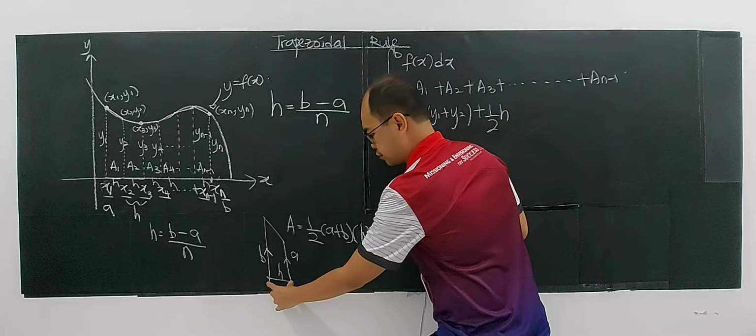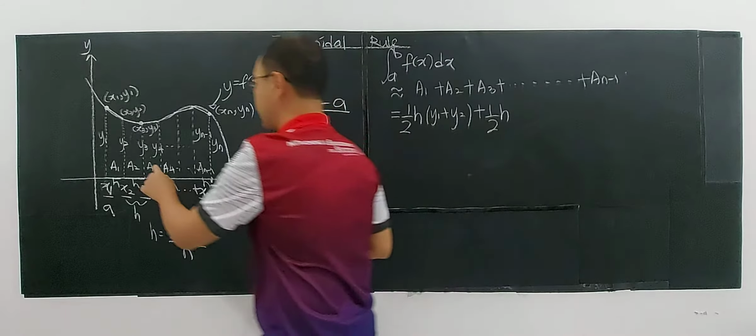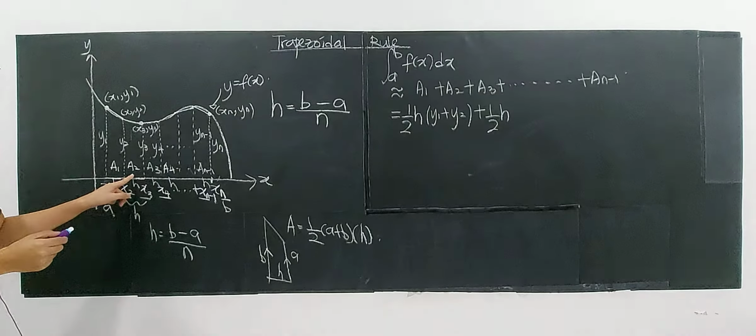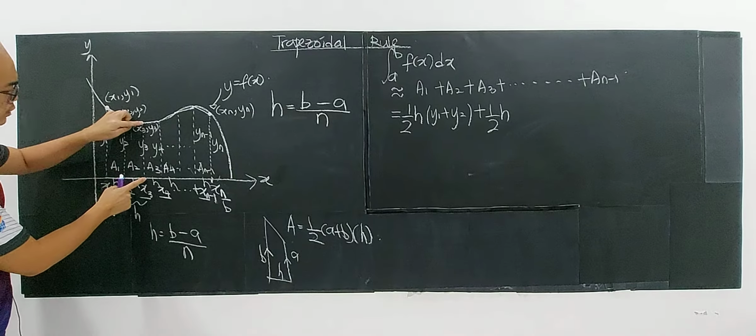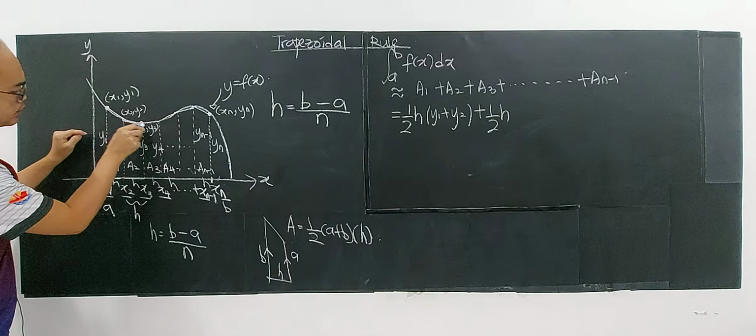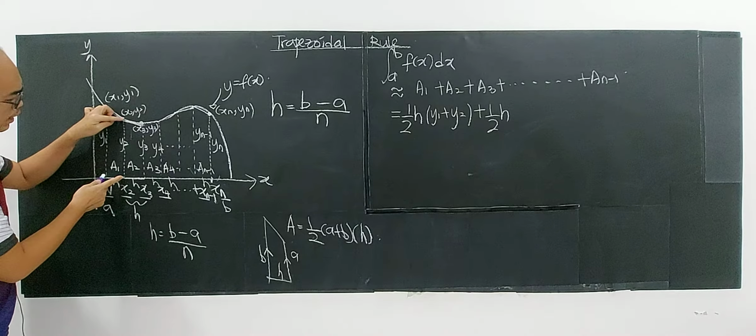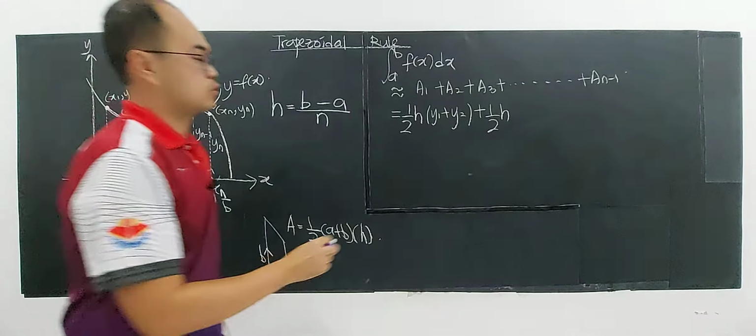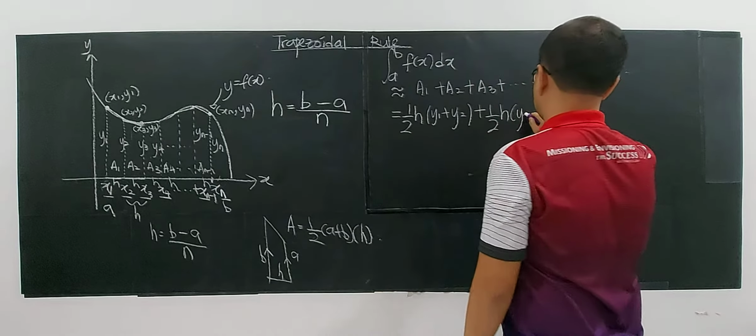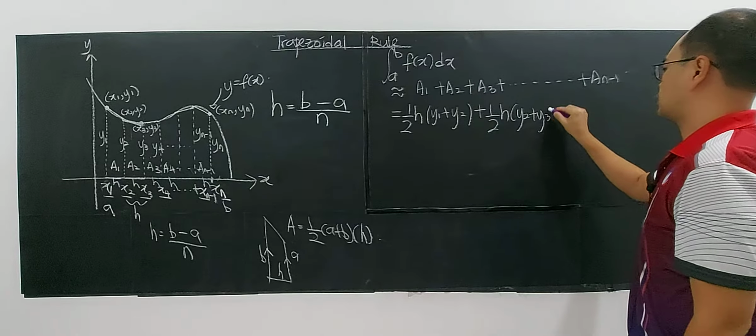Half h times a plus b. For A2, it will be y2 plus y3. The trapezium here, can you see the trapezium here? So we have y2 plus y3.